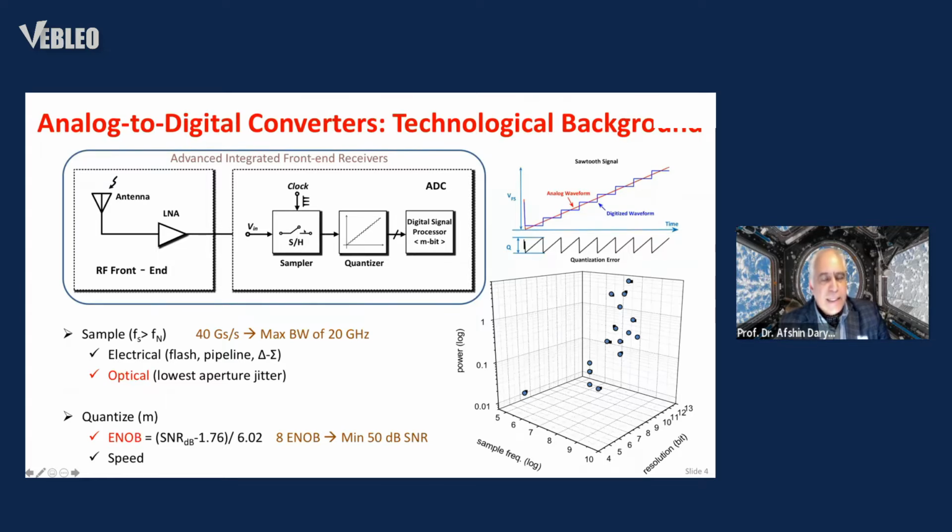And then you take the sampled information and quantize it using a quantizer with M effective number of bits. And that M bits is going to be given to the signal processing function to do a number of mathematical functions.